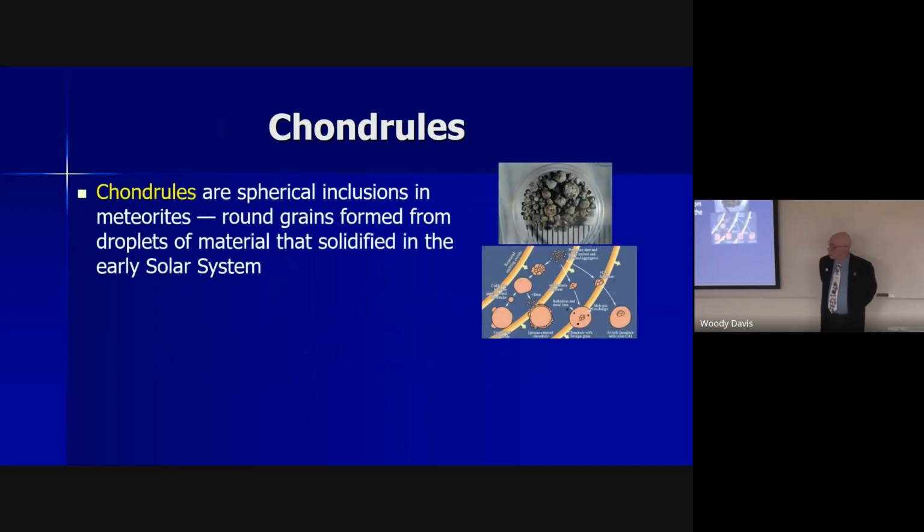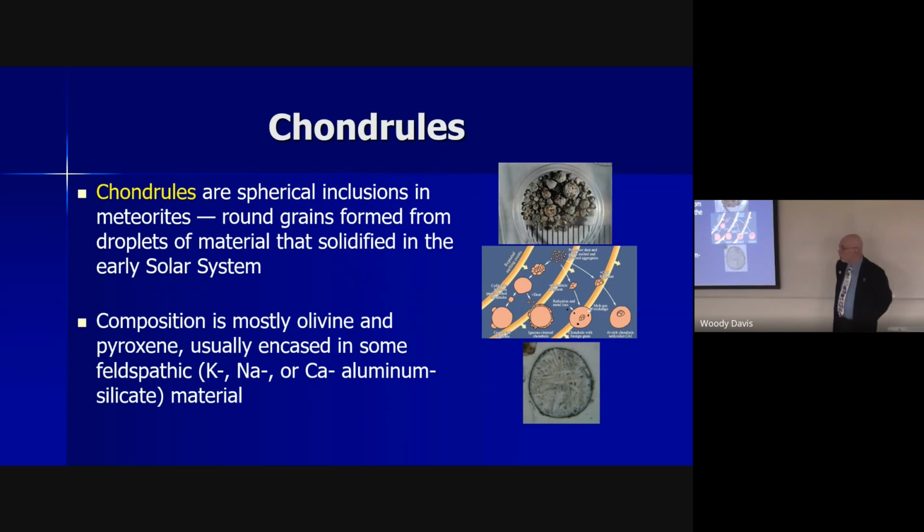Now, most of the stony meteorites are what we call chondrites because they contain these things called chondrules. They're these generally small spherical inclusions, round grains that are formed out of some of the very first things to solidify in our solar system. So they were solid when the Earth itself was still liquid.